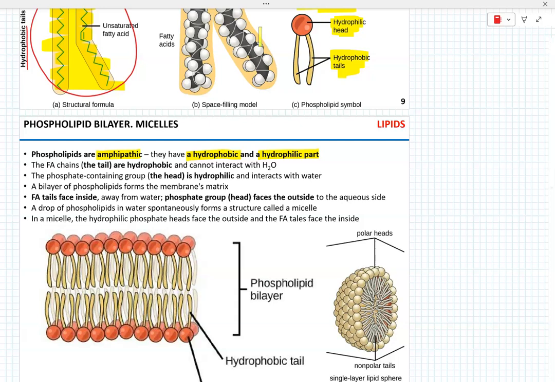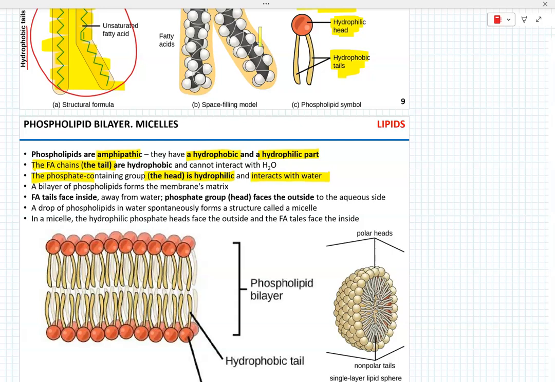These hydrophobic tails that are composed of fatty acid chains can't interact with water. On the other hand, the head, which is hydrophilic, the head that contains the phosphate and the glycerol, actively interacts with water. This dual functionality of these molecules makes them ideal to form a membrane.